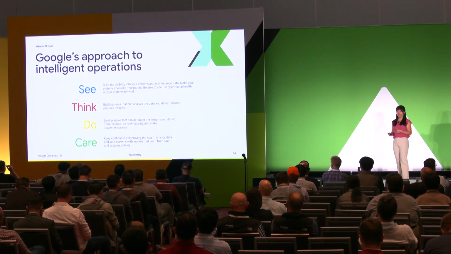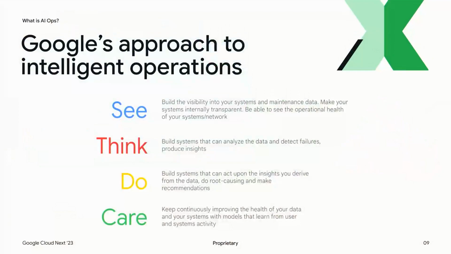And so our customers know that Google has some of the largest data centers and infrastructure in the world, and we've published books on this, like the SRE book, and customers want to know how we do it. So I wanted to quickly touch upon Google's approach to intelligent operations. We can think of it as divided into 4 sections. The first is that whatever system or platform that you build must be able to see. So it should have basic monitoring and observability capabilities into the data.